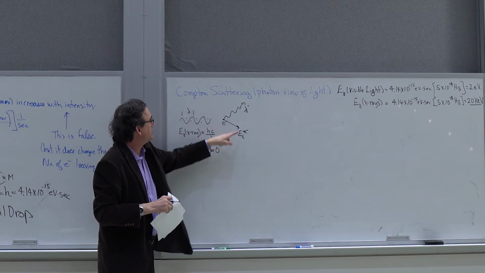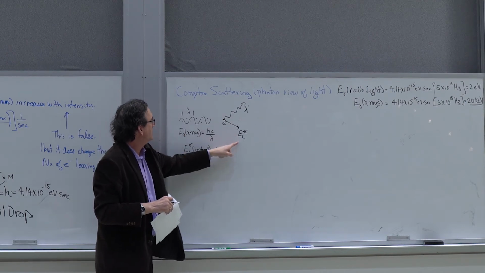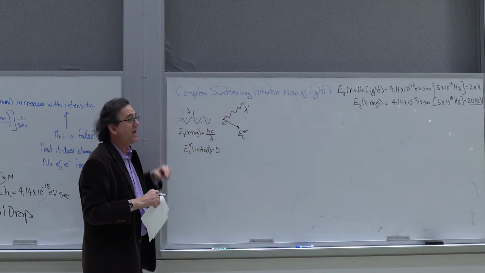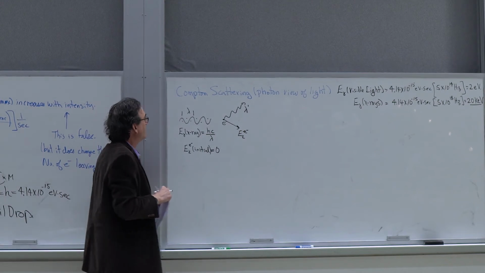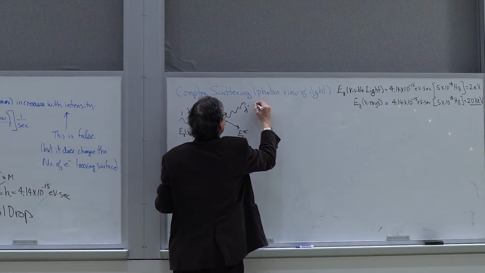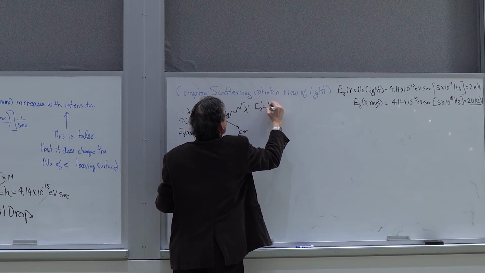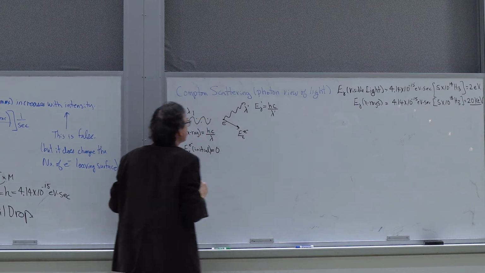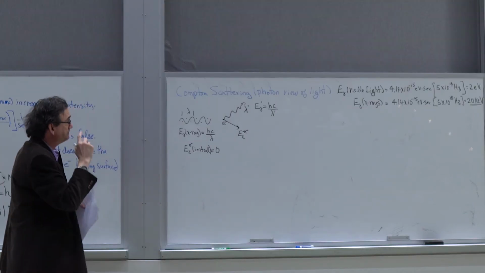And since energy has to be conserved, it must have come off with a longer wavelength than it started out with. Because the energy of this final state, E gamma prime, is also equal to hc over lambda prime.